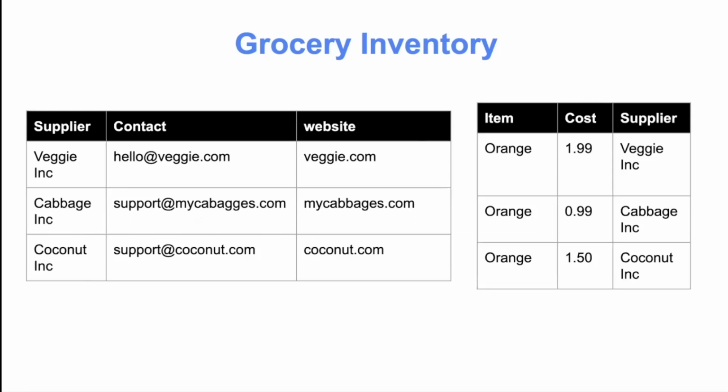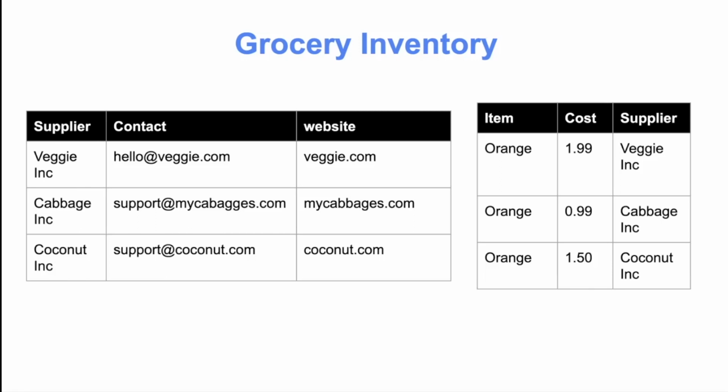And you can potentially expand this a bit. We can have several tables where we can put different other data. For example, we can have a table of suppliers, with the name of the supplier, their contact information, maybe their website.